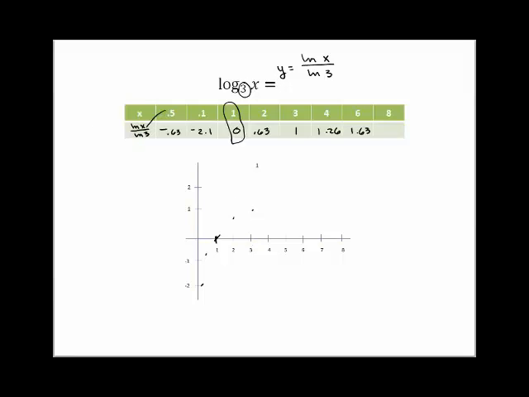Okay, so let's get our graph going. I think we've got enough points here that we can take a look at it. So it's ever decreasing again, closer and closer and closer to that y-axis, but never hitting 0.